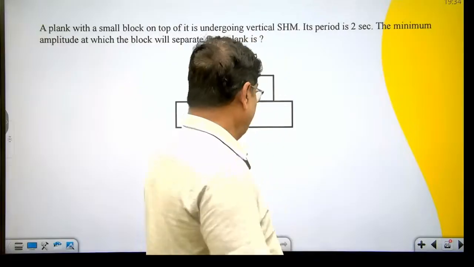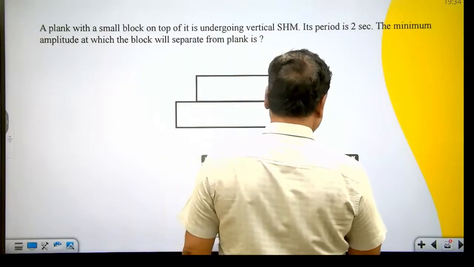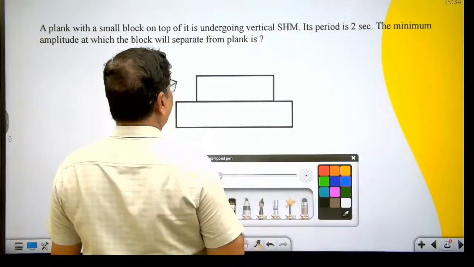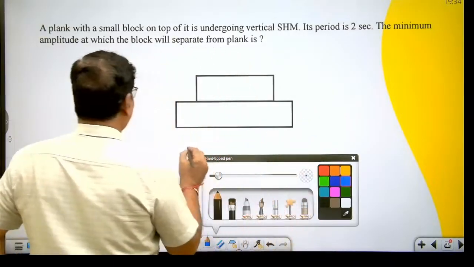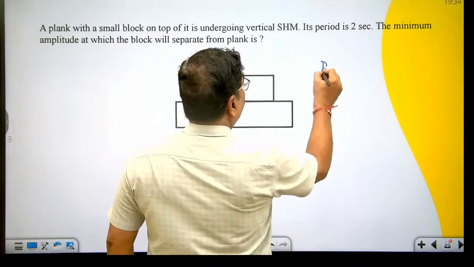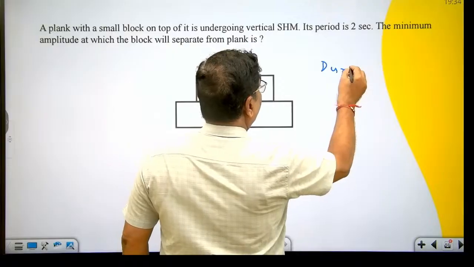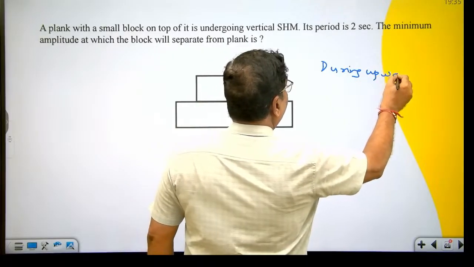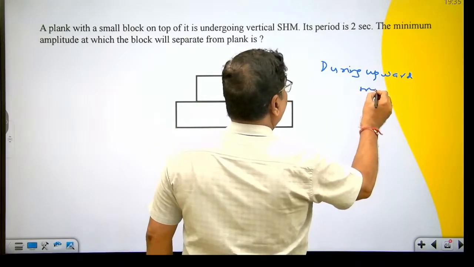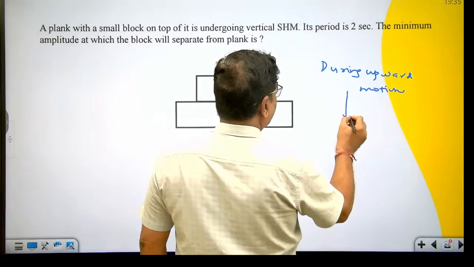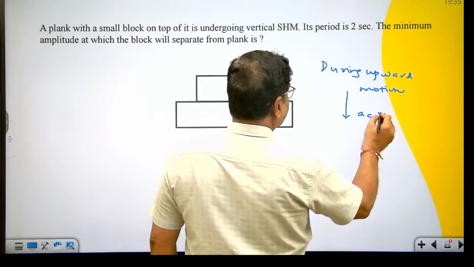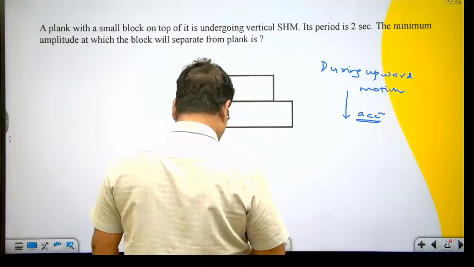Now, dear student, look at the motion of the plank. During upward motion, you know what will happen? The acceleration in SHM will act in the downward direction.